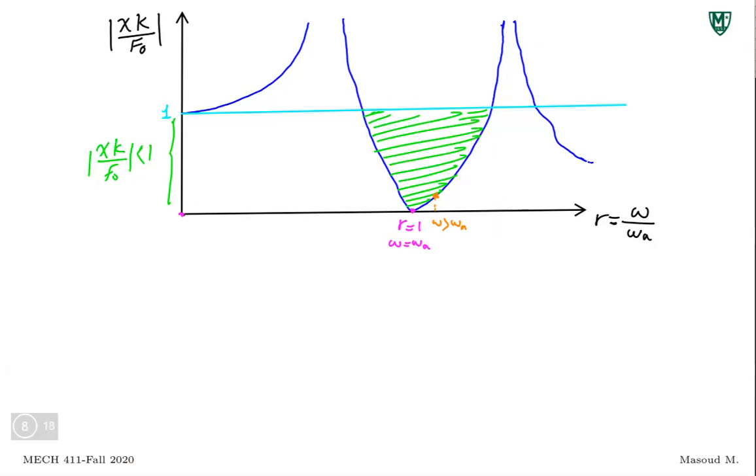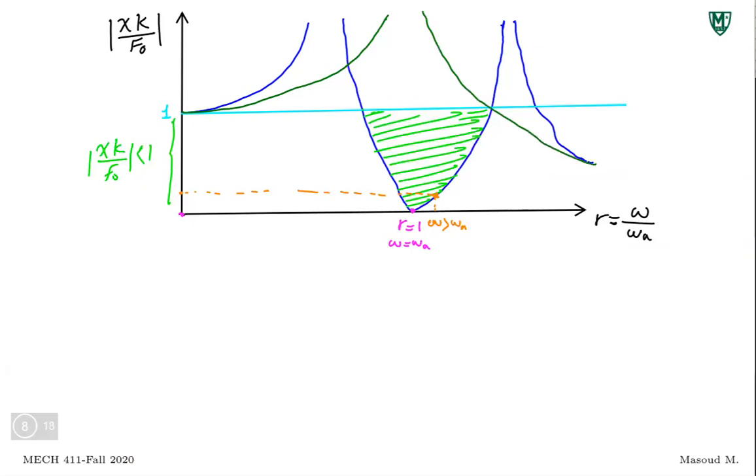I designed the absorber, I put it there. Now the external force has a little bit of deviation in its excitation frequency, and if we come all the way right there, I'm still getting improvement. This absorber is still improving the situation, because if we didn't have the absorber, this would have been the original system. It goes all the way up and then comes down like this.